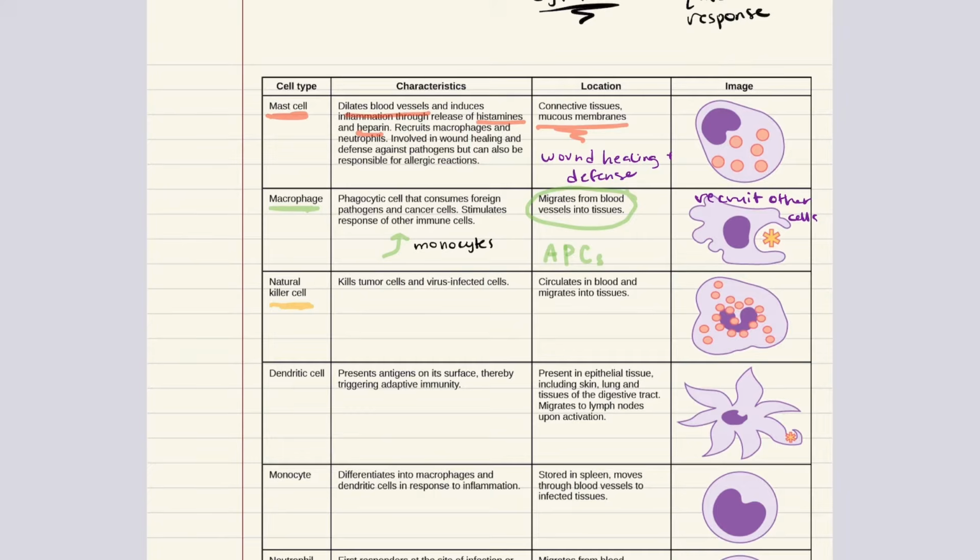Next up, we have natural killer cells, or NK cells. These are specialized lymphocytes that function in the innate immune system. They circulate in the blood and they can migrate into tissues. NK cells identify and kill cells that are infected with viruses or have become cancerous, especially when those cells have reduced or absent MHC class I expression.